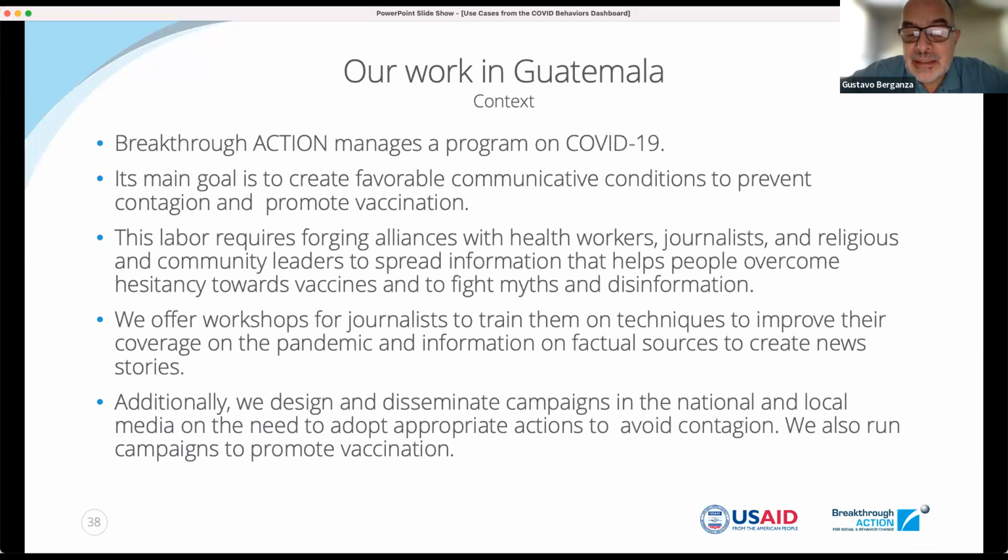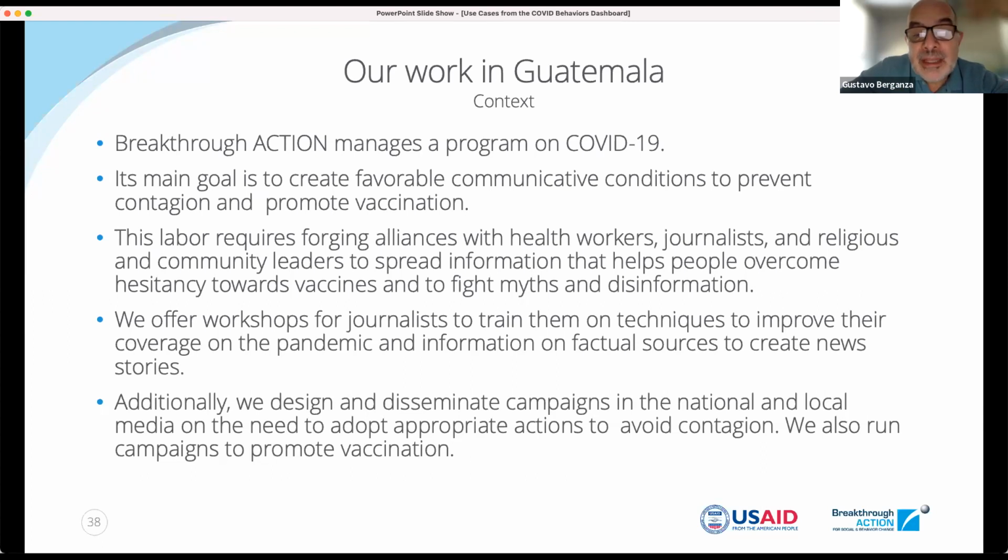It is funded by USAID, and obviously the main reason is to attend the emergency of COVID-19 and to support healthy behaviors, and mainly vaccination.